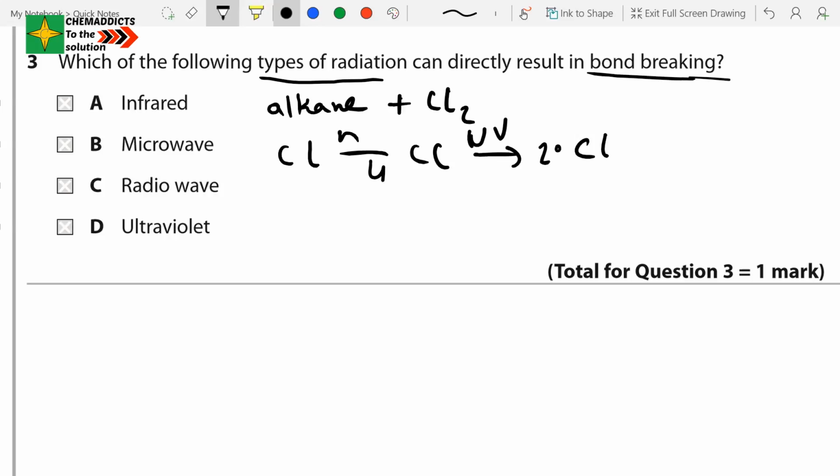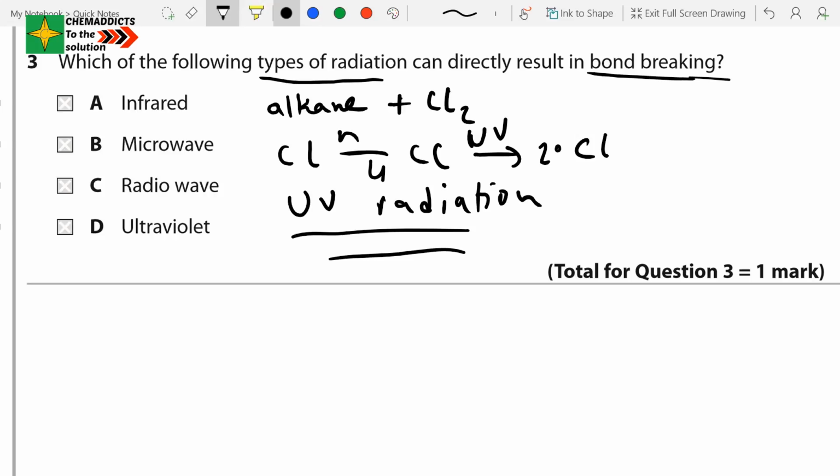In order to initiate this reaction, we require ultraviolet radiation, UV radiation. Here we required UV radiation in order to break this bond.